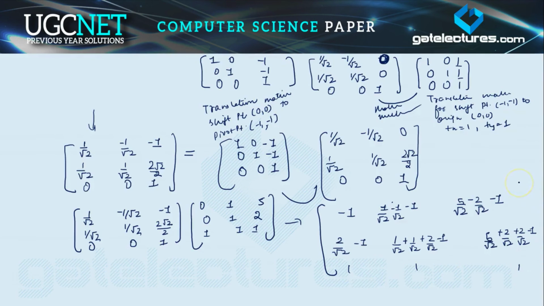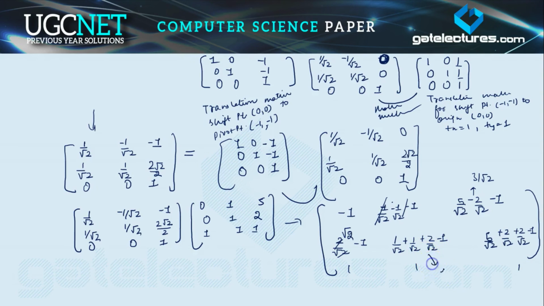Okay, so now just simplify this. So this is going to be cancelled now, right? And this is going to be 3 by under root 2 minus 1, and this cancels out, so this will become under root 2 minus 1, and this is going to be 2 by under root 2 plus 2 by under root 2 is 4 by under root 2, right?